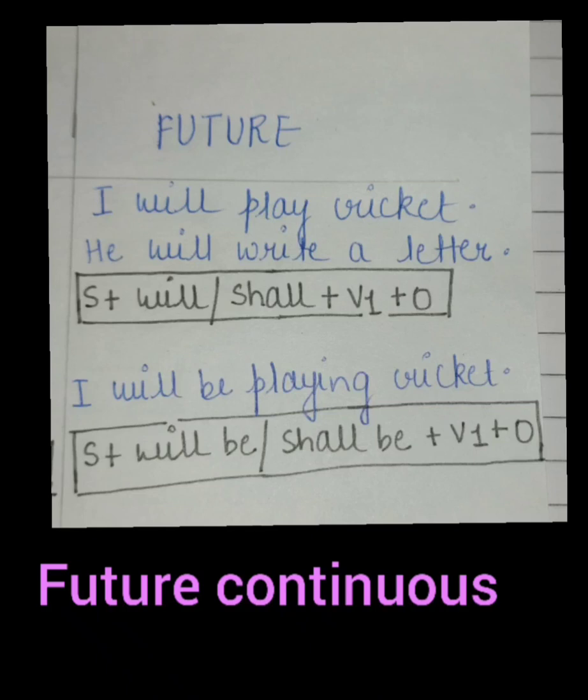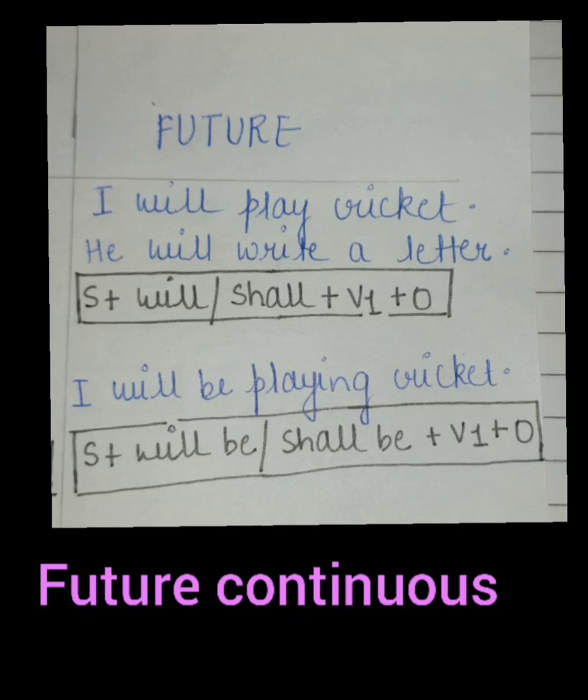So here the rule goes like this: subject plus will be, shall be plus verb first form plus ing plus object. So here you are using will be, okay, to show that your action will be done somewhere in the future. It will be continued in the future.